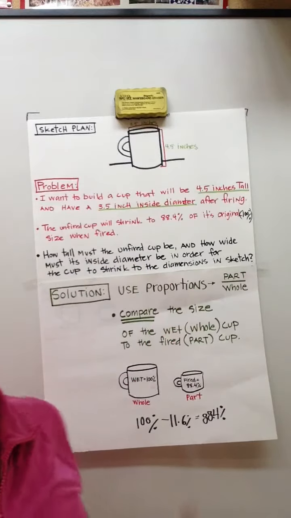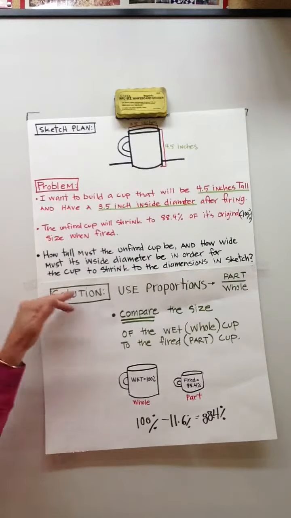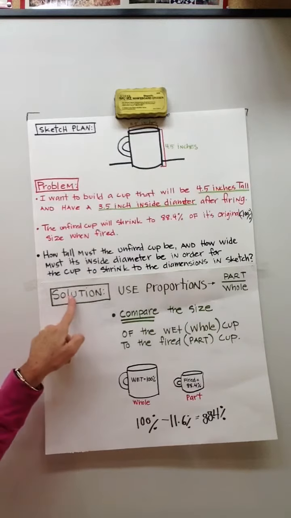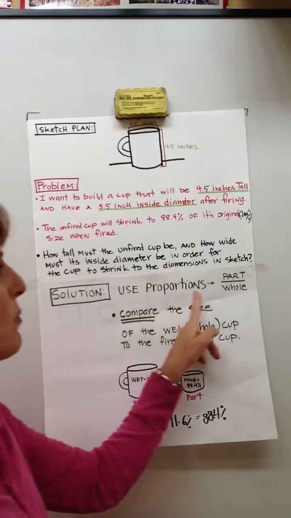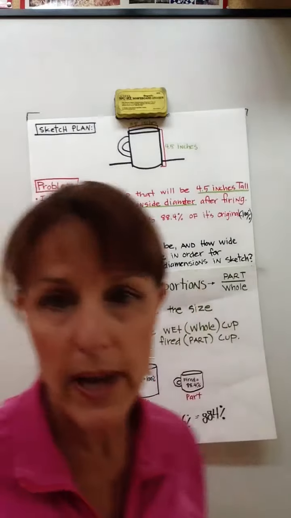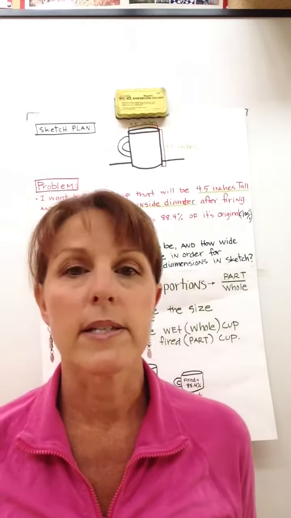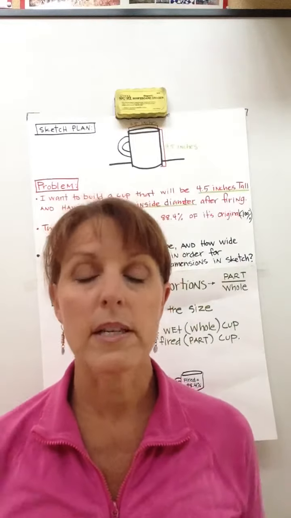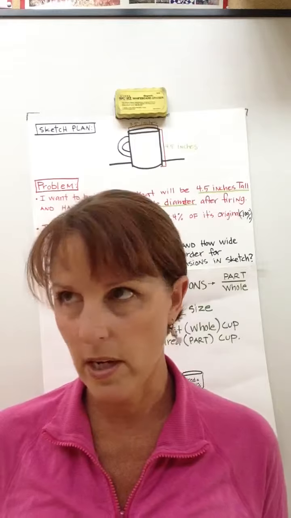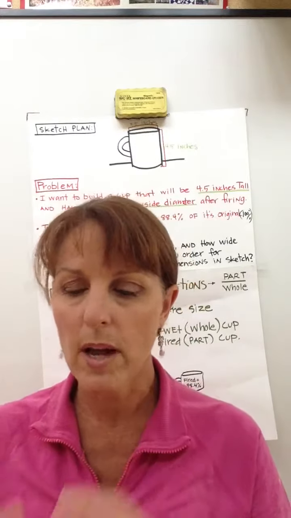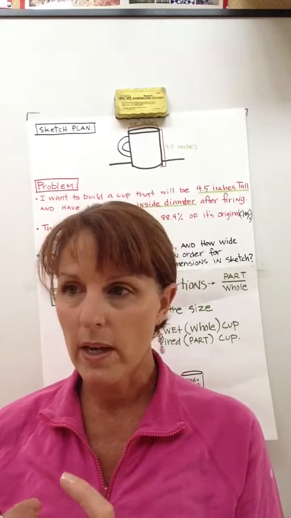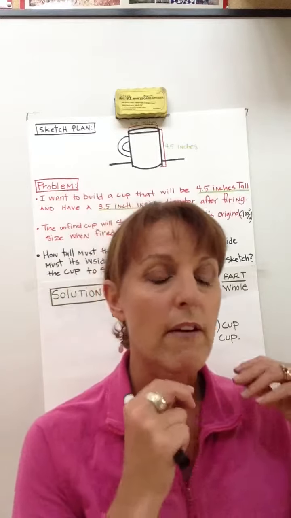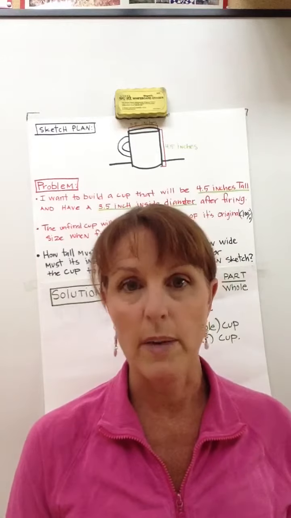Okay, that's what I just said. Your solution right here is to use proportions. You're going to compare the sizes of the cups. You're going to compare the size of the whole cup, or the wet cup, to the size of the dry cup. All right? Compare the whole cup, which is the wet cup, to the fired cup, which is the dry cup and the smaller cup.